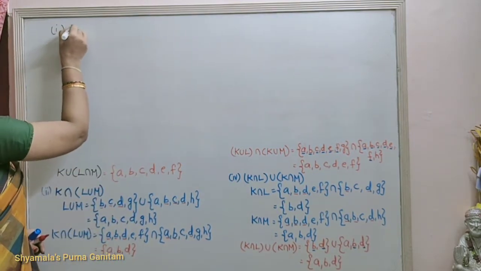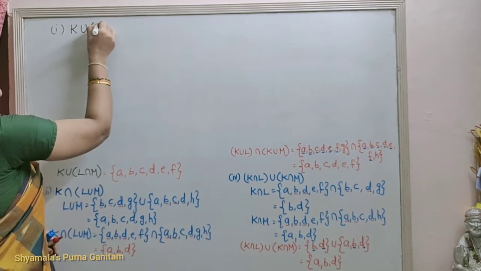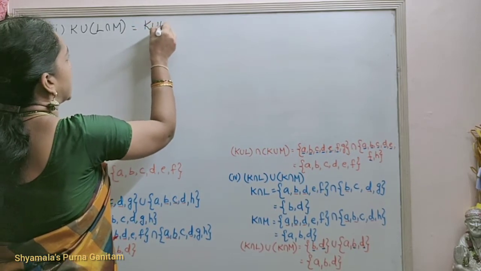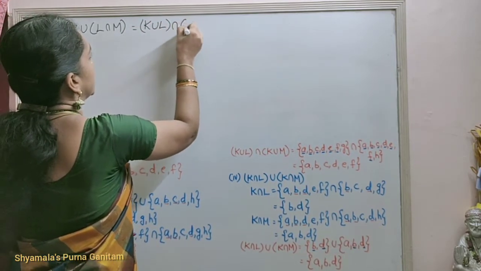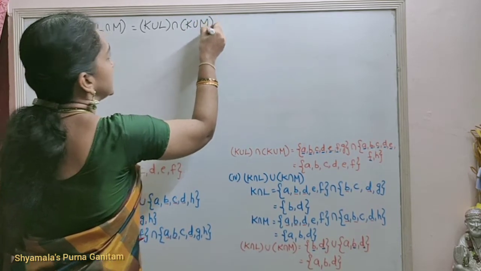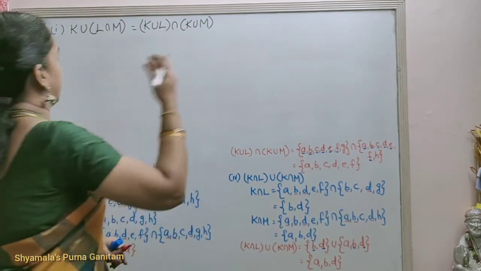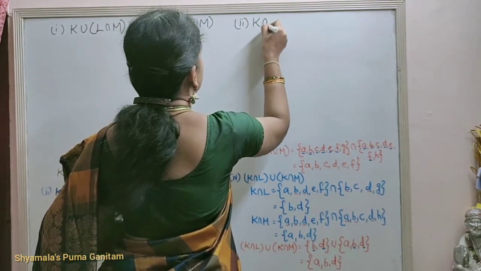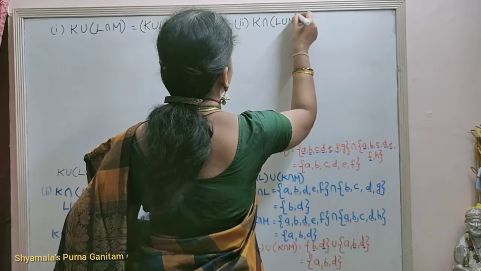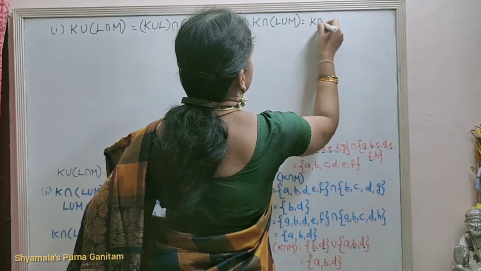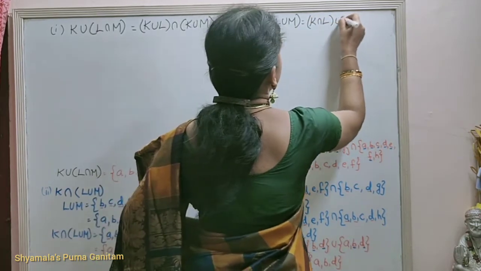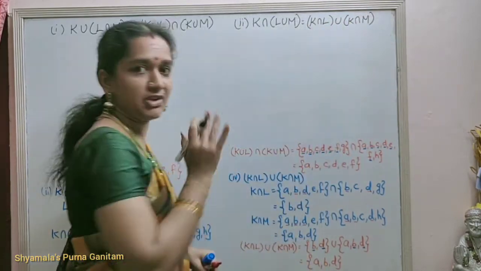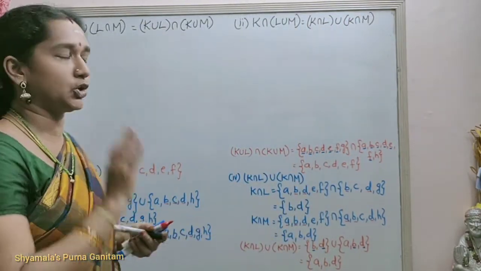Distributive property is K union L intersection M is equal to K union L intersection K union M. This is one distributive property, and the next one is the opposite, that is K intersection L union M is equal to K intersection L union K intersection M. This is the thing we are asked to prove. This is only distributive property.